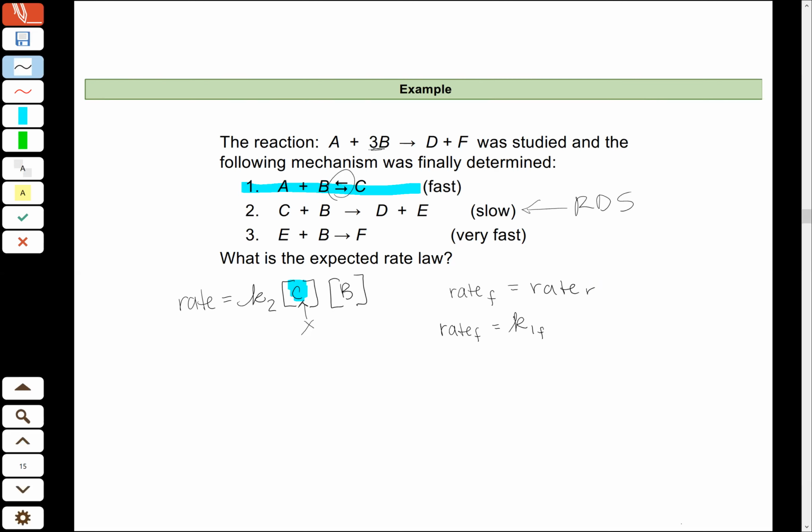So my forward constant times the concentration of A and the concentration of B, and these are both first order because I just have one A and one B in my reaction.